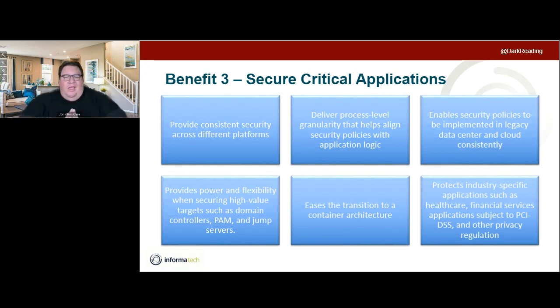We have high value targets, certainly to an attacker. Domain controllers. Again, controlling those gives an attacker significant power in our network. Privileged access management systems.